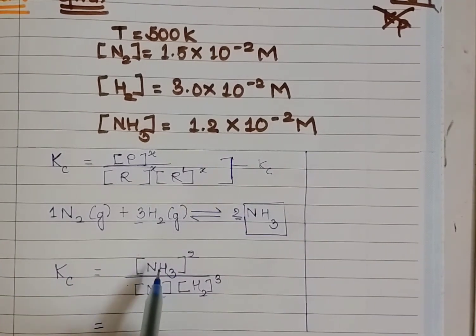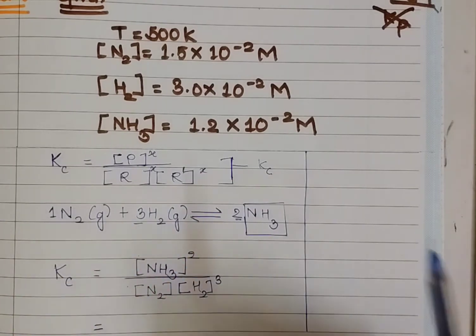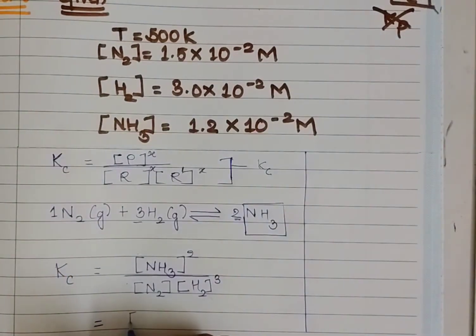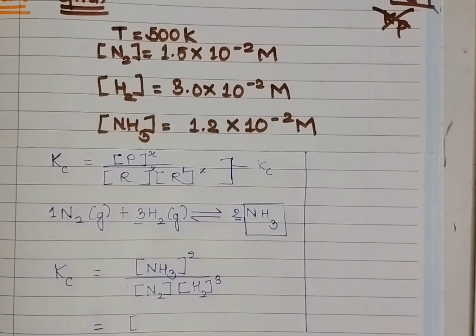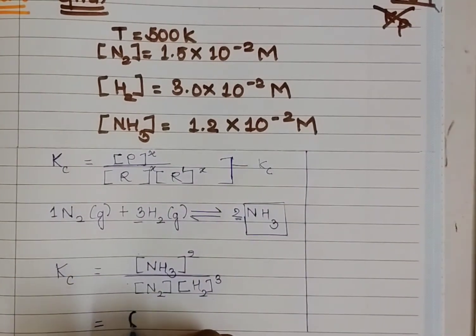Now we will solve it further. We have the value of NH3, its concentration. Here we are changing the bracket.